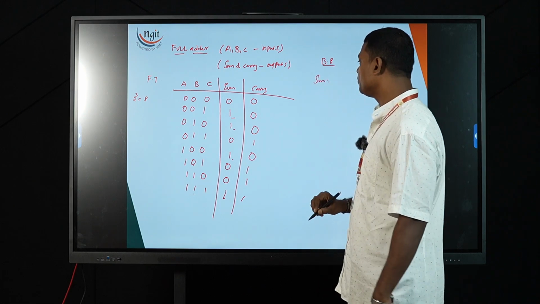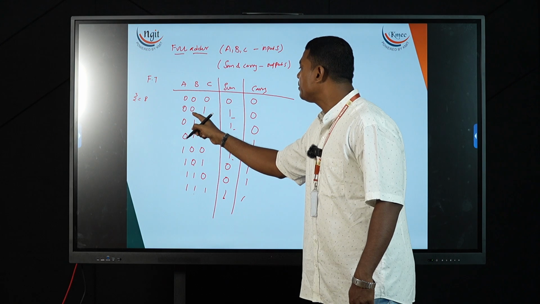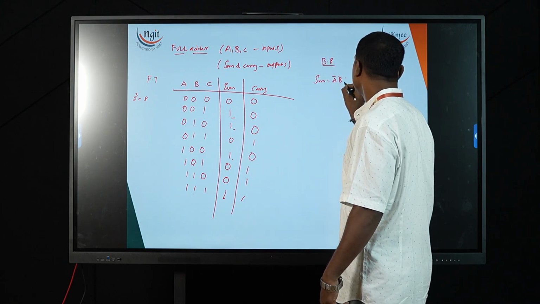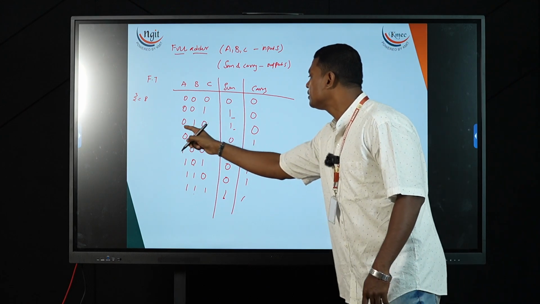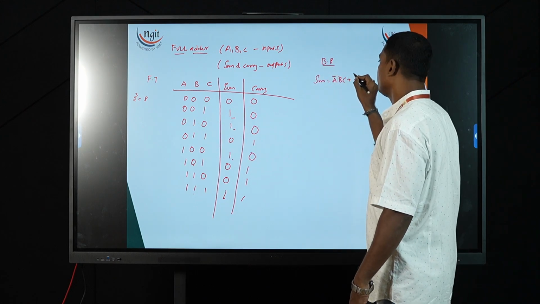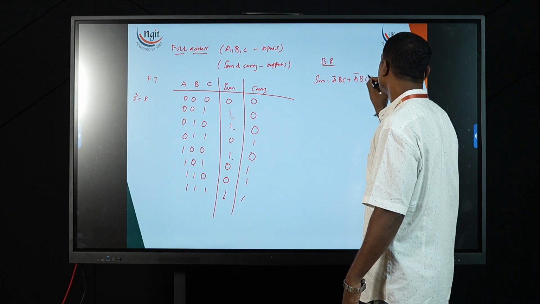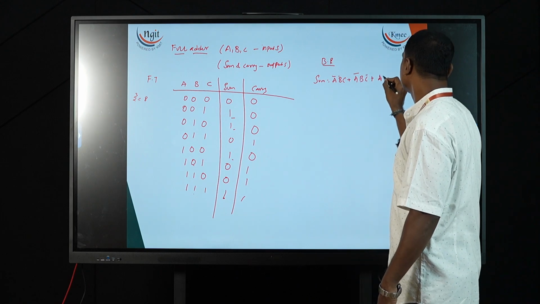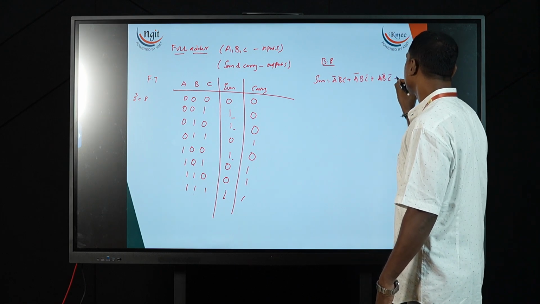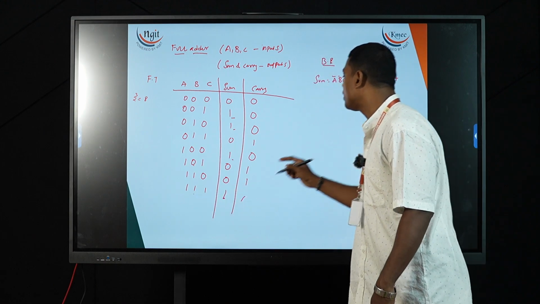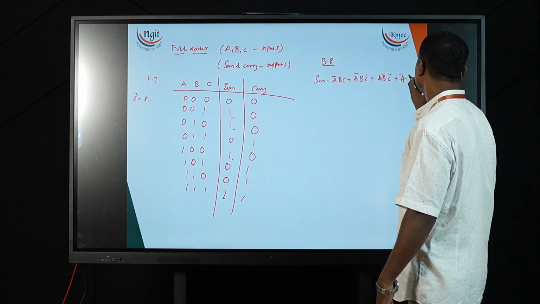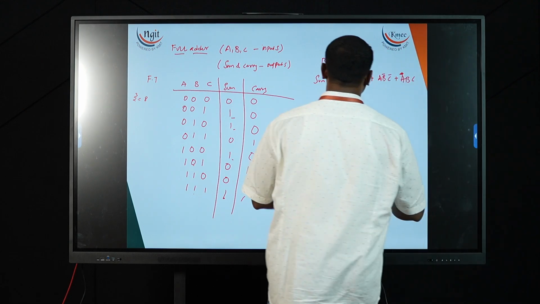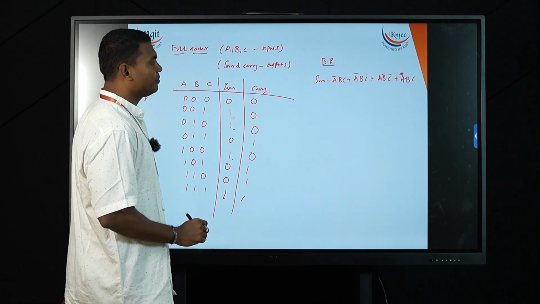Sum is equal to A bar B bar C, next A bar B C bar, next A B bar C bar, and the last combination gives me A B C. There is no bar here, only A, B, C. So we got this particular expression for the sum.